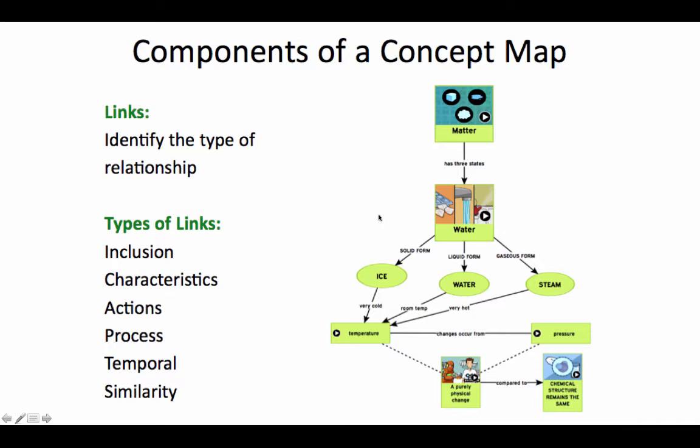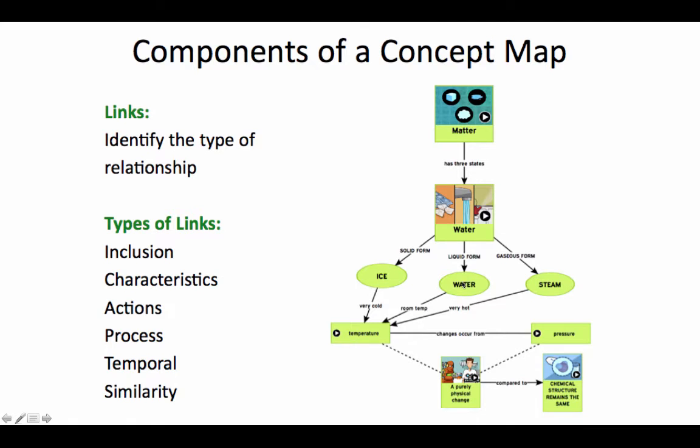So we've got a very simple example here, looking at the states of matter. As we know, matter has three states, and this arrow indicates that we're going to be using water as an example. We see that the three states of water are a solid form, which is ice, a liquid form, which is water, and a gaseous form, which is steam.